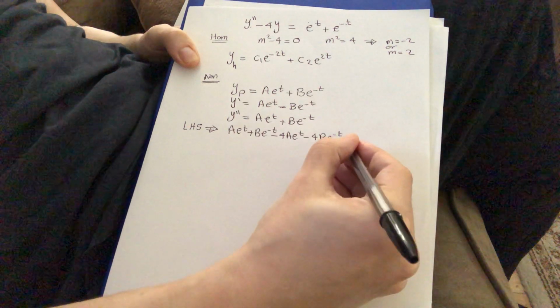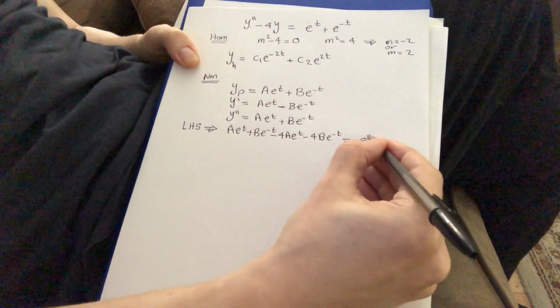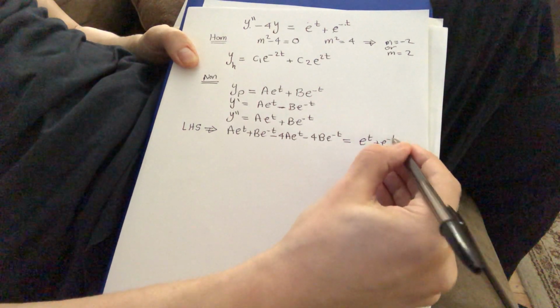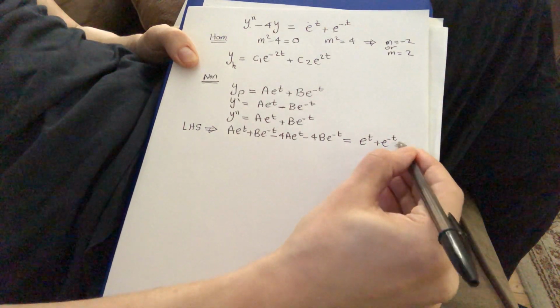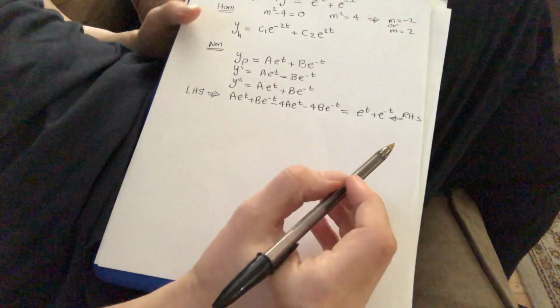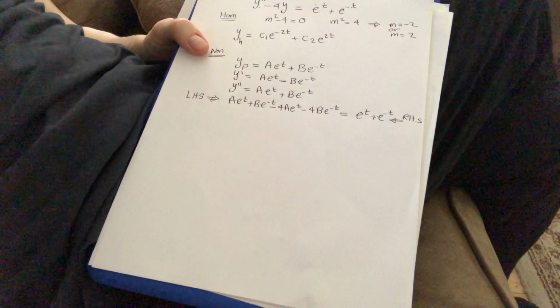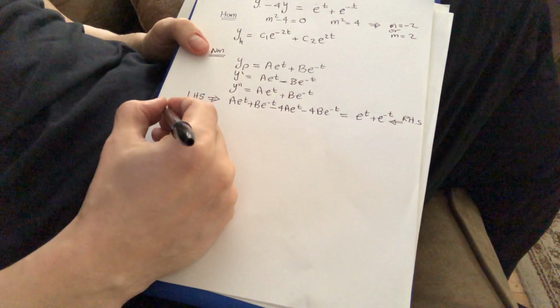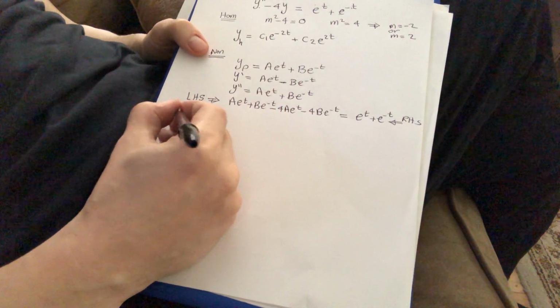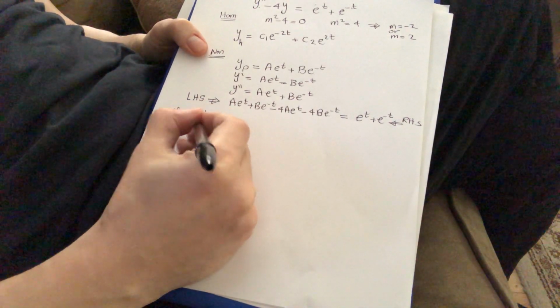This eventually should match the right hand side, of e to the t plus e to the minus t. So now let's look at the coefficients. I start with e^t.